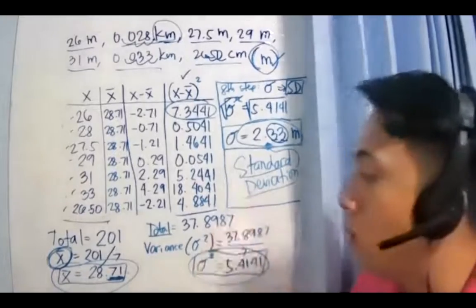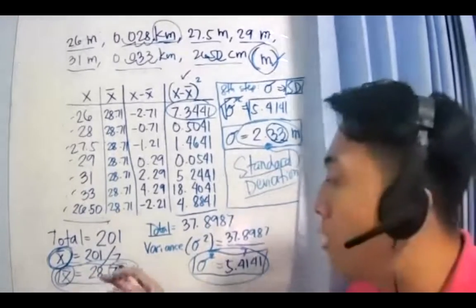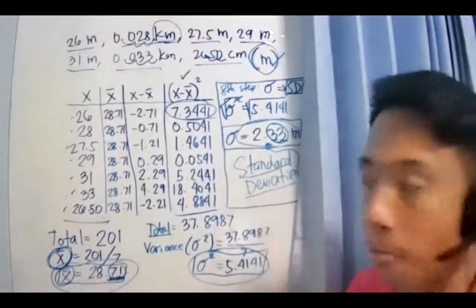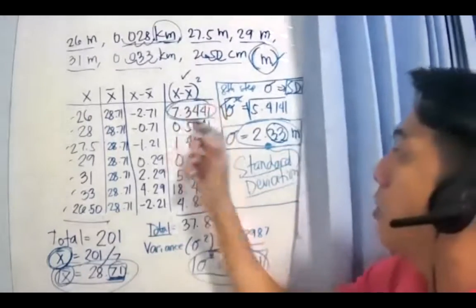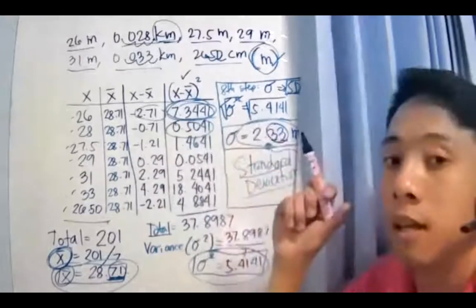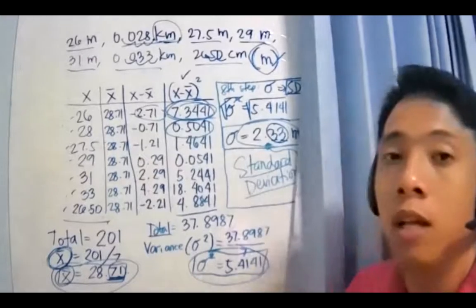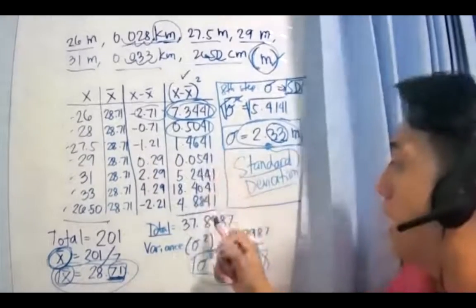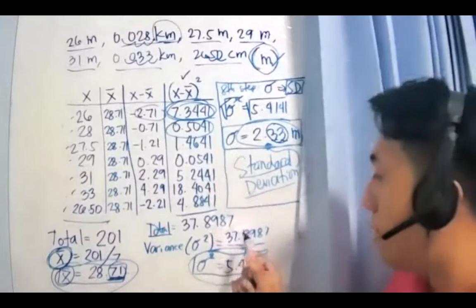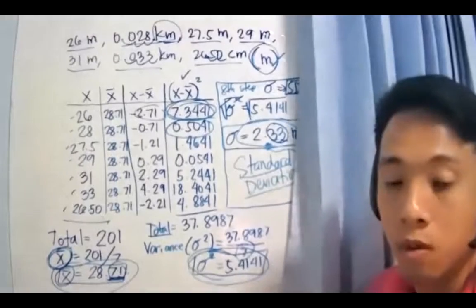Ang rule ko, yung sa mean natin, we need to have only 2 decimal places. Doon sa ating sagot dito, if we will square this, copy all the numbers. Then, pag nag-divide tayo dito, copy all the numbers also.